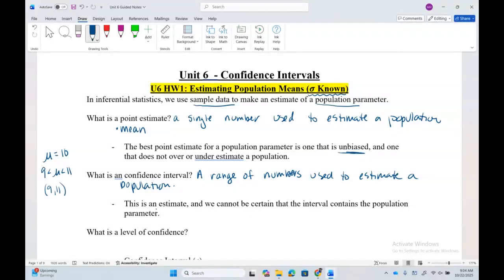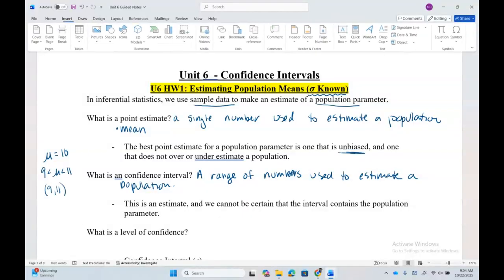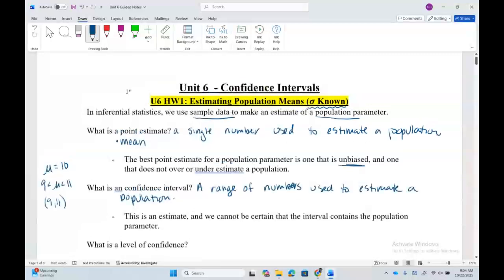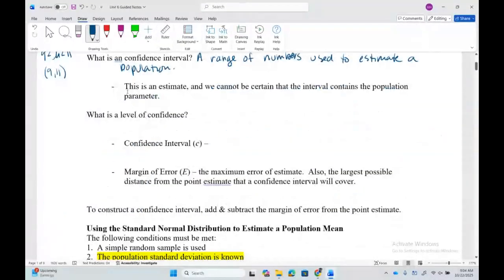This is an estimate. We can't be totally certain that something contains a parameter, but we can be what's called confident. So this level of confidence is the probability an interval contains a true point estimate.